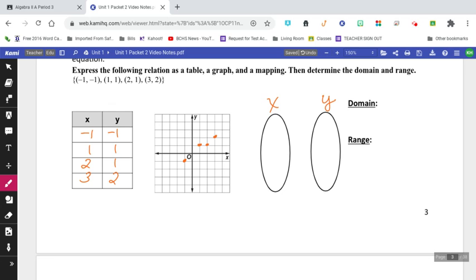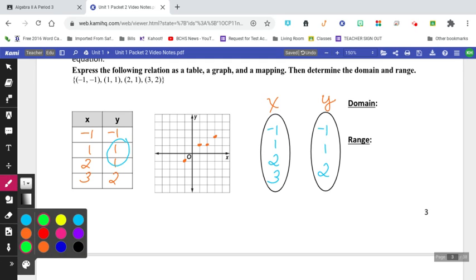Now, what's a little different about a mapping from, say, a table is whereas in a table you may see repeating values, whether it be the x or the y, you won't see that in a mapping. So for our x values, we again have -1, 1, 2, and 3. But for our y values, we're just going to put -1, 1, and 2. We're not going to repeat the 1.